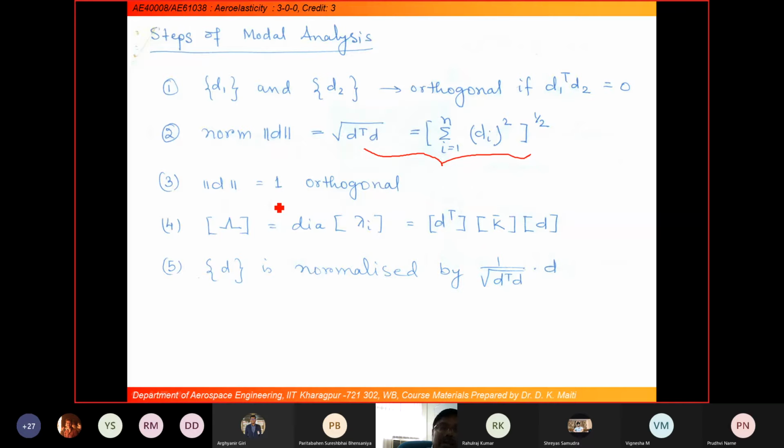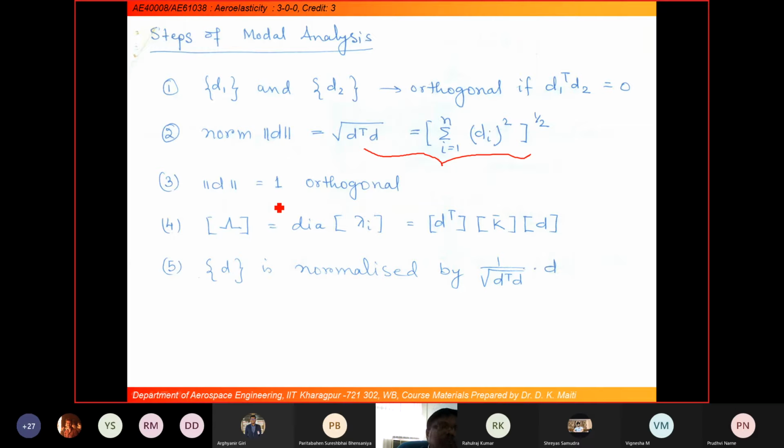But there are other normalizations, called mass normalization and point normalization. Usually in your finite element software, these normalization options are there in the selection of modal response analysis. You have to say what type of normalization you want to consider.